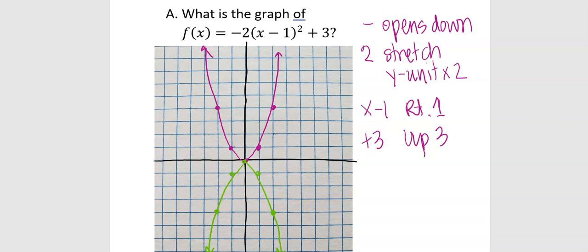Then I'm going to do the stretch part, and then we'll move it a couple times without graphing each part. When I do the stretch part, we're going to look at the y units, and we're going to take them times 2. So 0 times 2 would stay where it's at, right? The y values for these next 2 points are -1. If I multiply that by 2, what do I get? -2. Yes, the x stays the same.